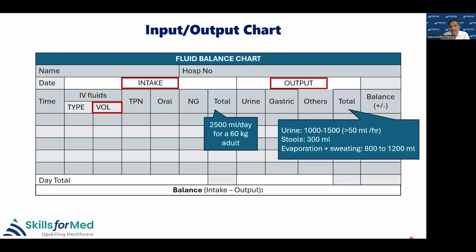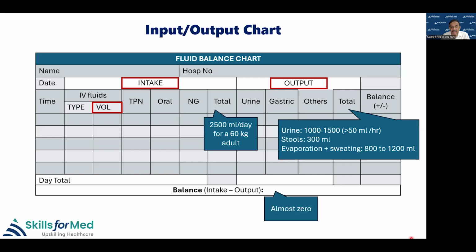Okay, so if you get about 1500 to 1800 output, you're okay. You have to add the evaporation and sweating to that. And if you are given 2.5 liters and your charted output is around 1.5 to 1.8, you're okay. So that is what looking at the input output chart means.